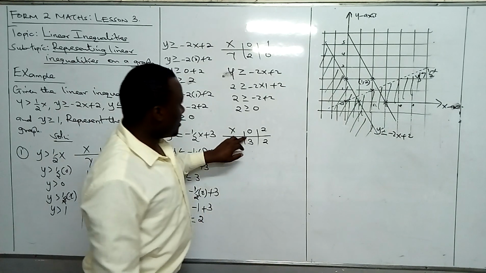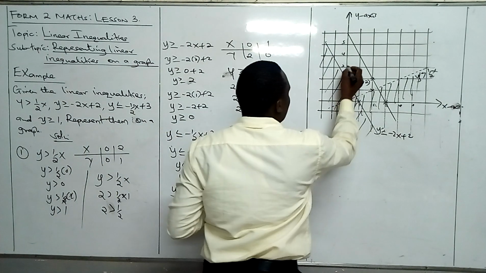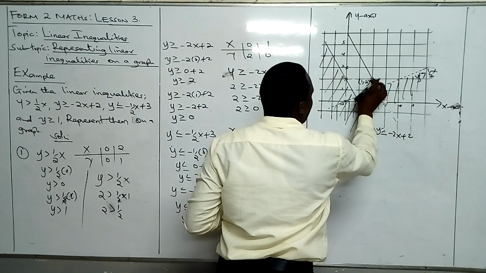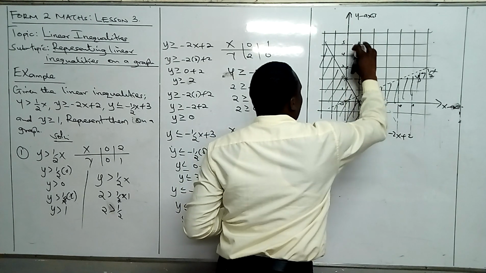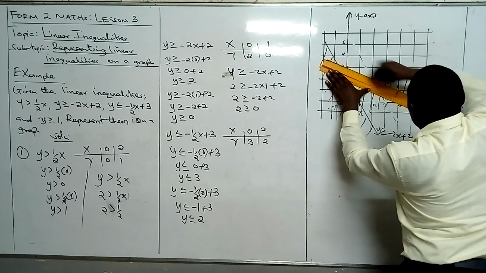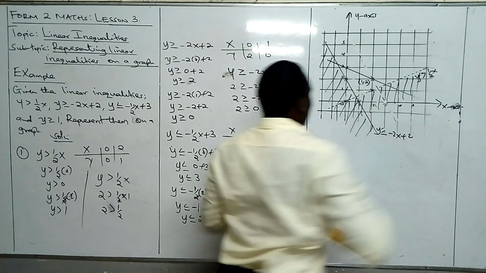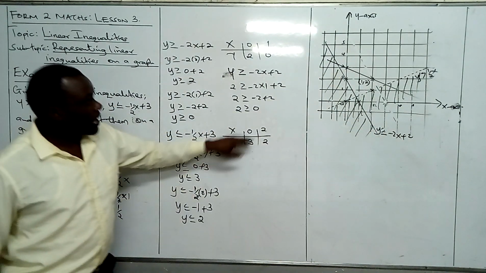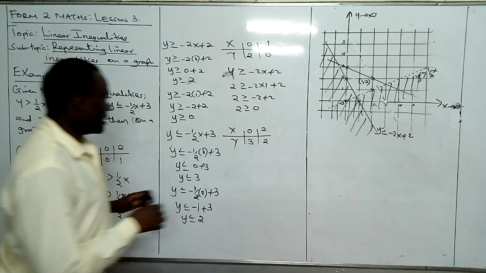Okay, this point is (0, 3). Note down here. So for this one, it should be drawn this way, because (0, 3) is at that given point. 3 is on the y-axis. You can get to see that.